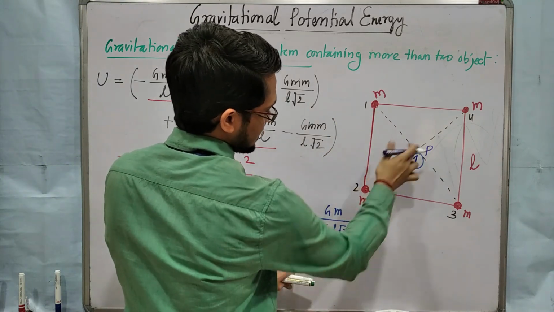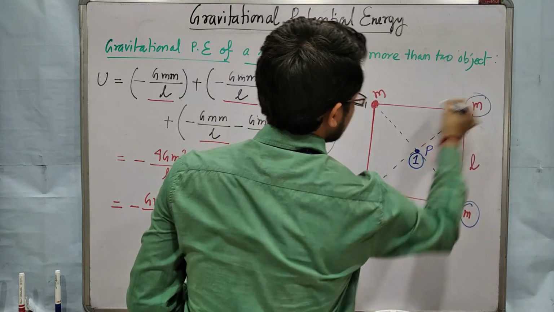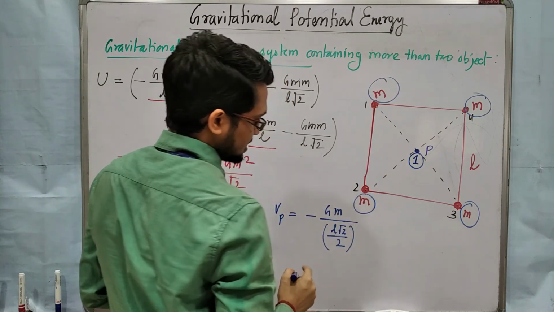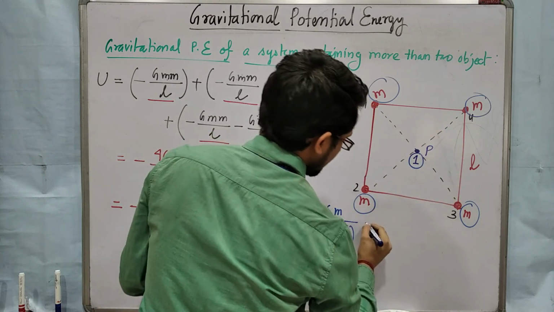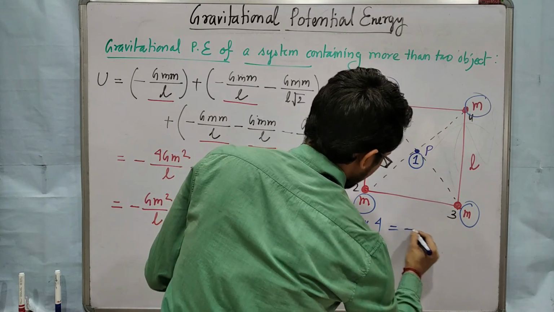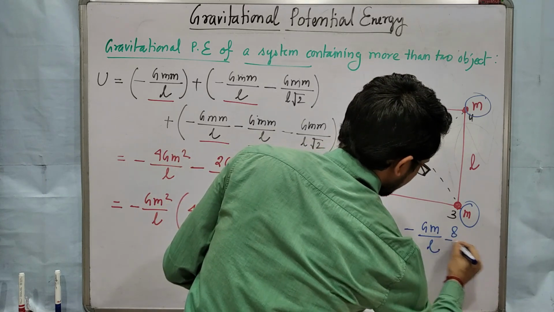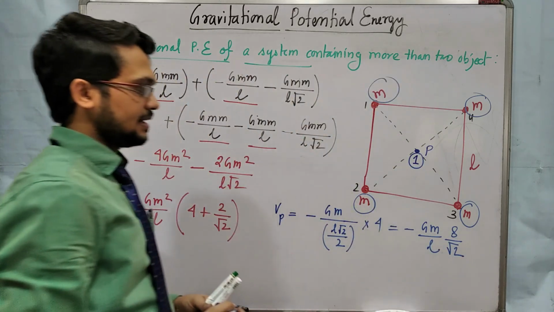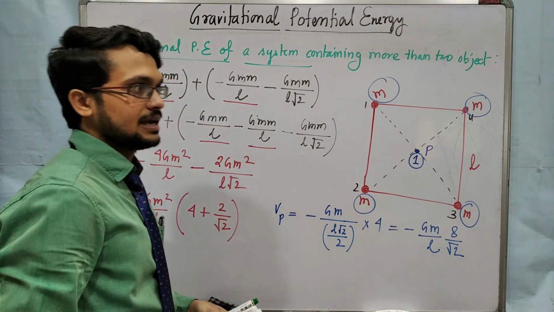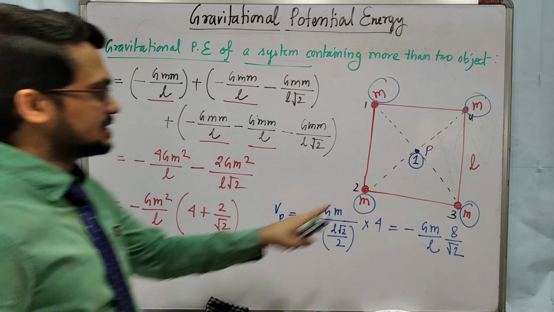For the second mass you will get the same value because all the distances are the same and all the masses are the same. So you will get the same value for each mass. How many masses? 1, 2, 3, 4. So multiply by 4. Clear? So you will get minus G m by L into 8 by root 2, or you can write minus 4 root 2 G m by L. So this is the potential at the center.